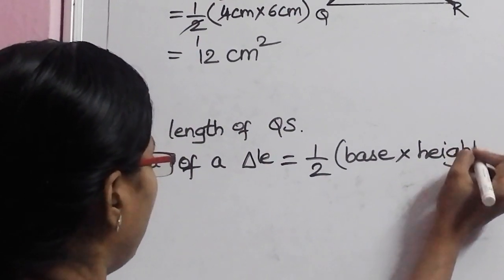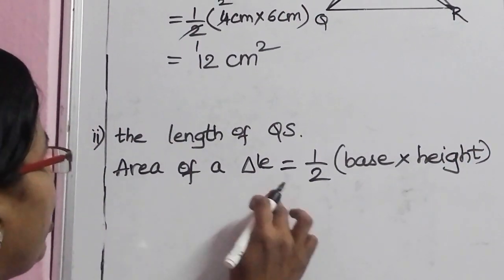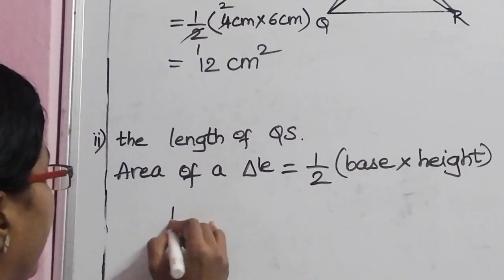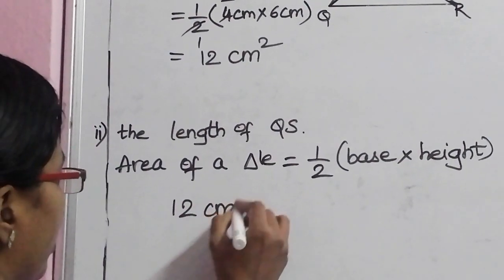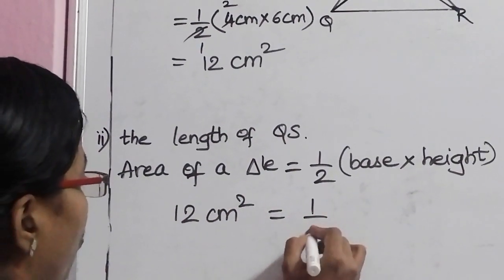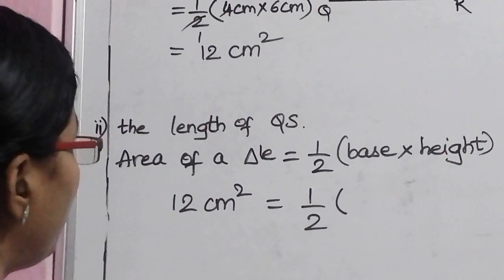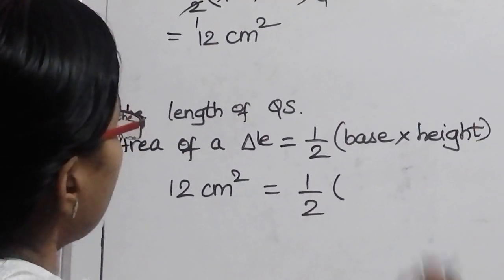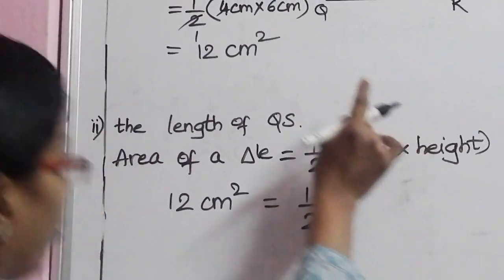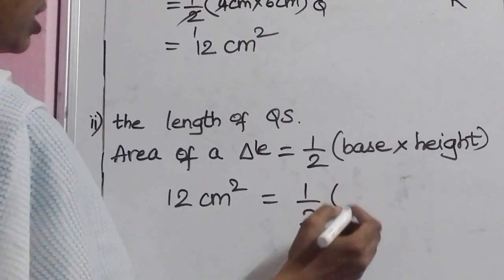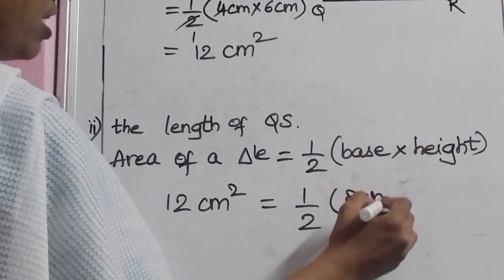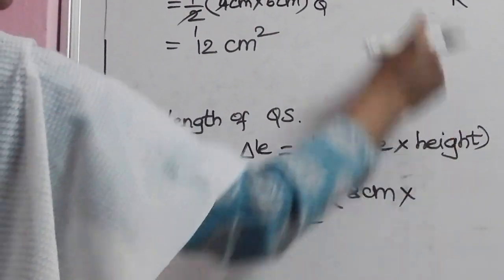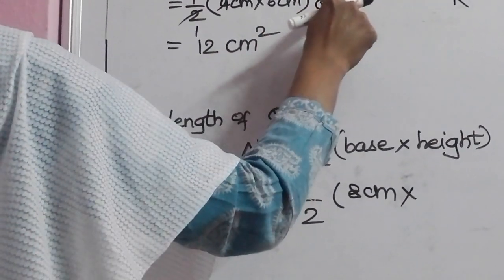Half base into height. So area of the triangle you got it as 12 square centimeters, which is equal to half into base. What is the base here? For this the base is 8 centimeters. And what is the height?